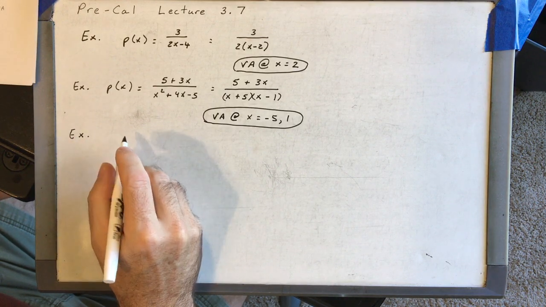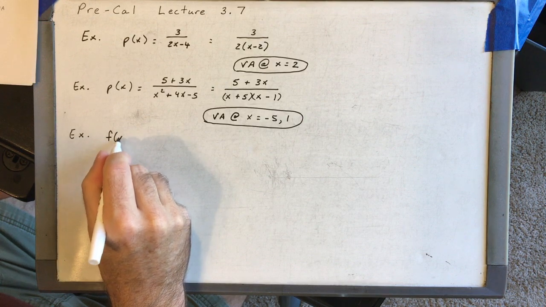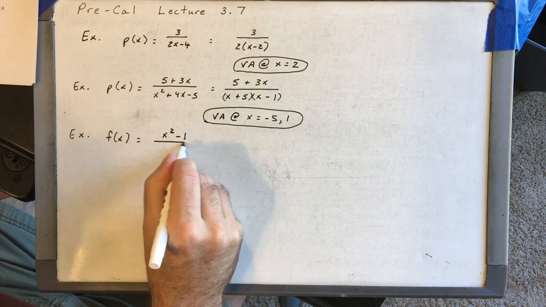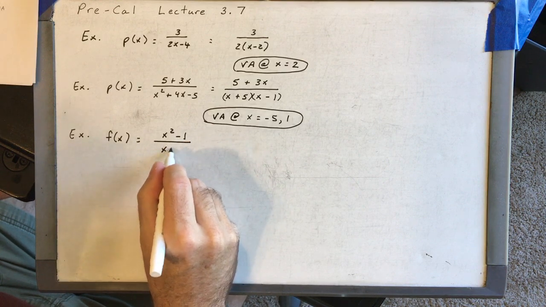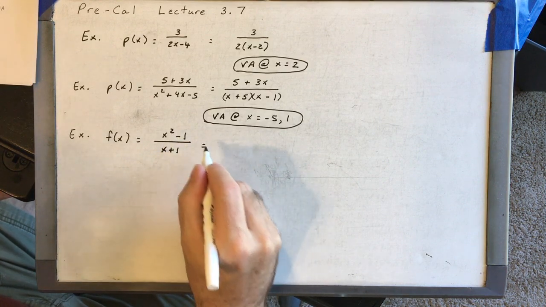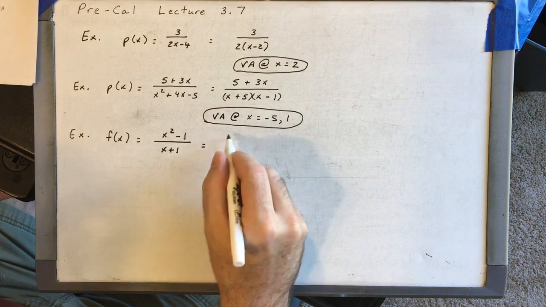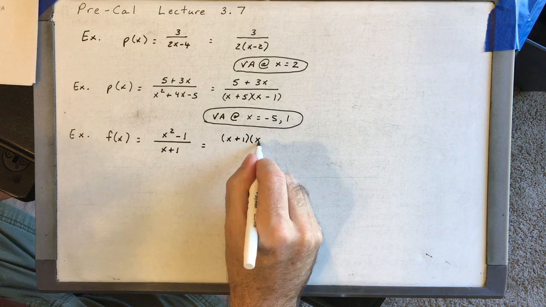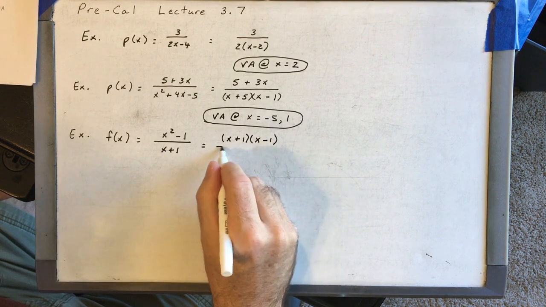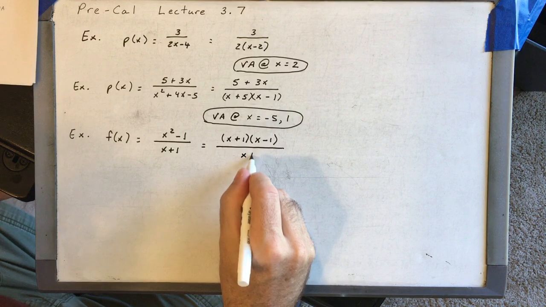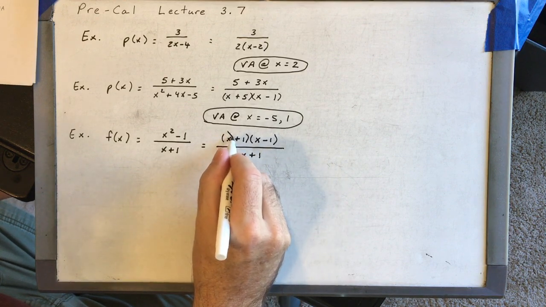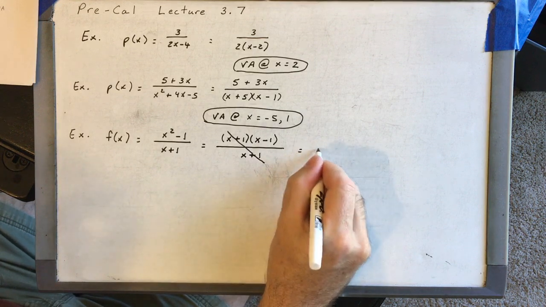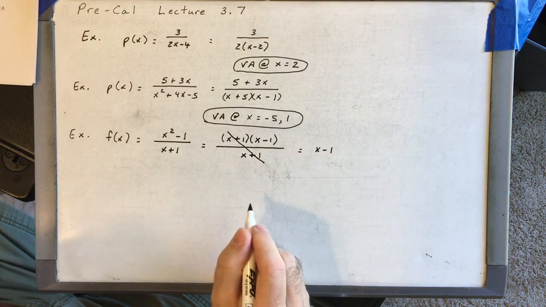Okay, our next example is f of x is equal to x squared minus 1 over x plus 1. Well, we can factor the numerator. That's the difference of two perfect squares. So we'd factor into x plus 1 times x minus 1 over x plus 1. Now the denominator cancels out, and this just reduces down to x minus 1.